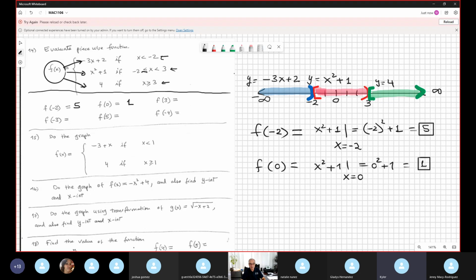At 3 now. At 3 belongs to the green, to the red, or to the blue? Positive 3. To the green. So you take the green, you select this expression.